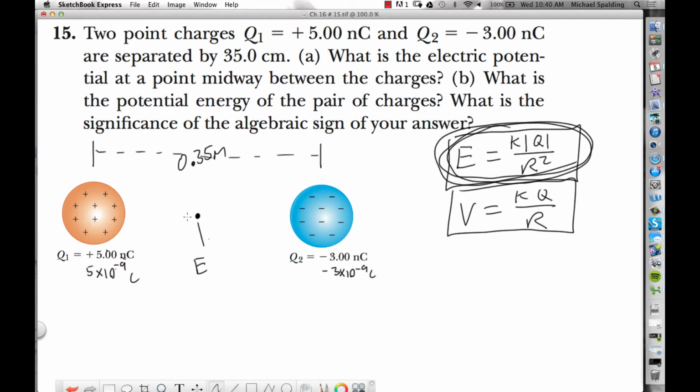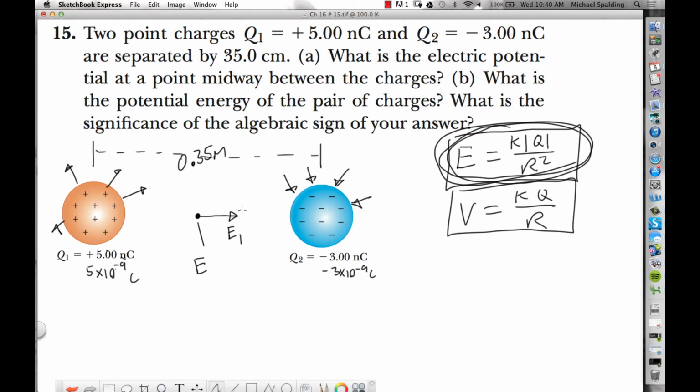So look, if we're doing electric field, then you have to go, okay, positive charge, electric field goes out like this, right? So what's the electric field doing at the midpoint from charge 1? Going to the right. It's going out to the right, right? Okay, negative charges, the electric field goes in like that, right?